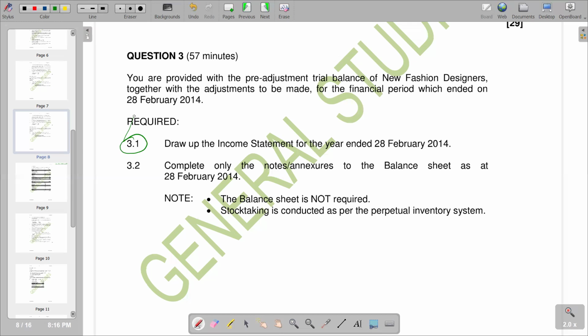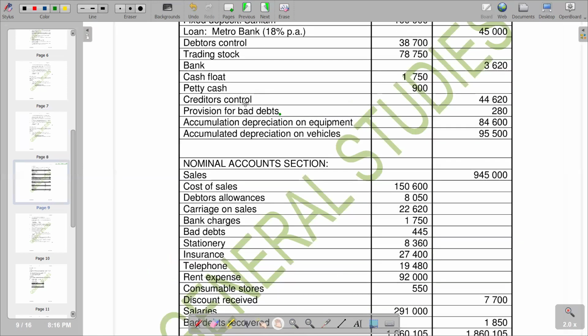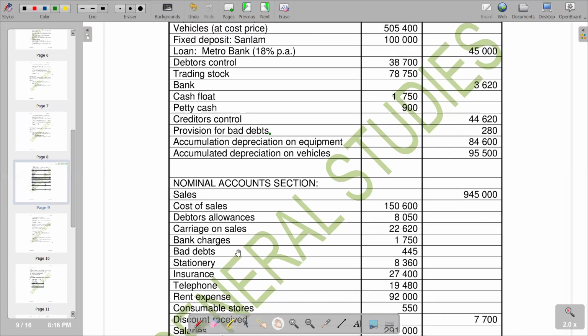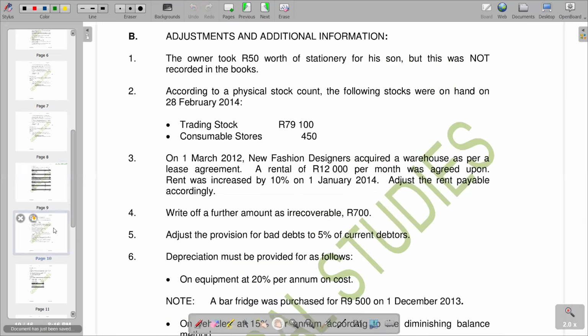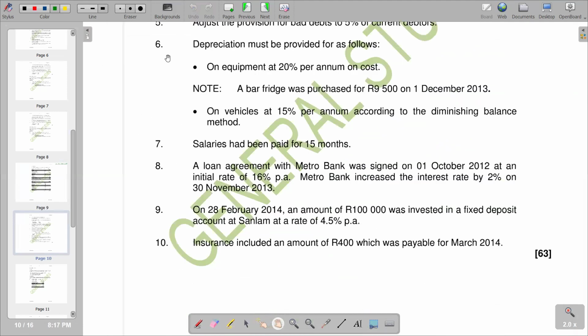So we go to the other information given in the question and try to see what we have. You would see that we have the pre-adjustment trial balance as at 2014, which you also need to go through before you start to answer the question. Going to the next page, you'd see that we are given additional information, that is adjustments and additional information B, ranging from information 1 going down to information 10.